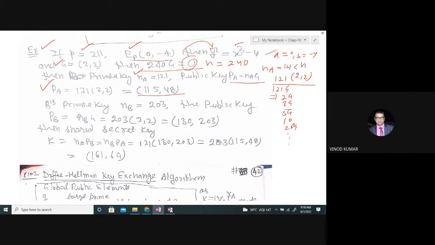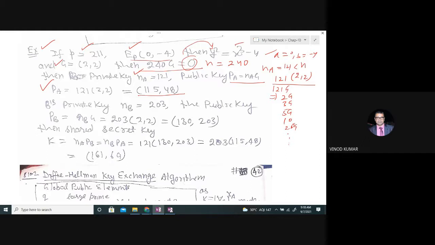There is no possibility to use a calculator, because we are working with ordered pairs. So I suggest you develop your concept of how this approach works on an elliptic curve.